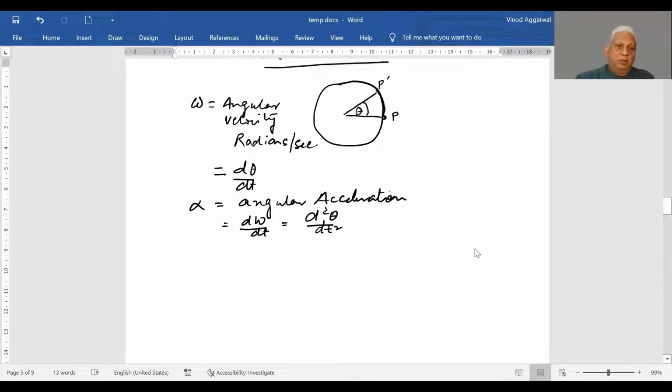Now, for circular motion, the equations involved are very similar to what we have seen in linear motion.